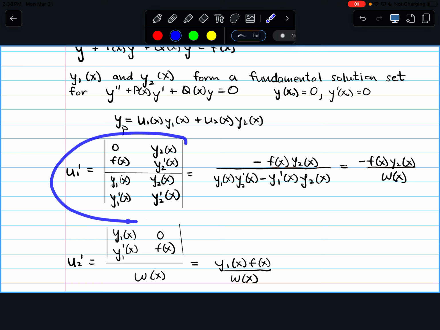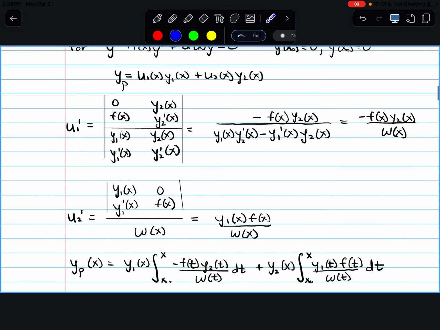We had u1 prime equals this, u2 prime equals this, and by the way, this is W of x, the same for both. When we work through this, you get this minus this, and on the bottom, this product minus this product, we get this. That's the Wronskian down there.